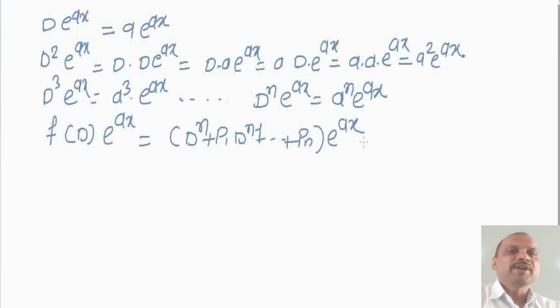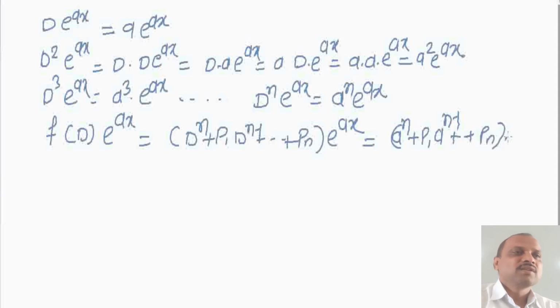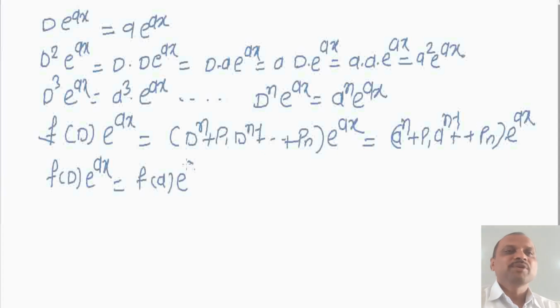But when we operate this, we get a raised to n plus p1 a raised to n minus 1 plus pn times e raised to ax. So f of D e raised to ax equals f of a into e raised to ax, a polynomial in a.